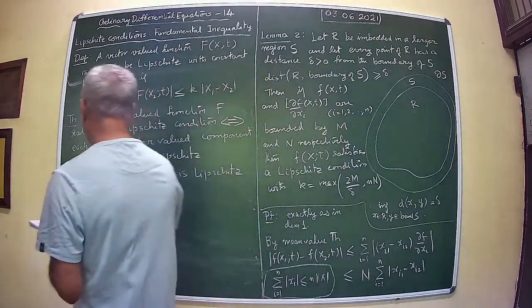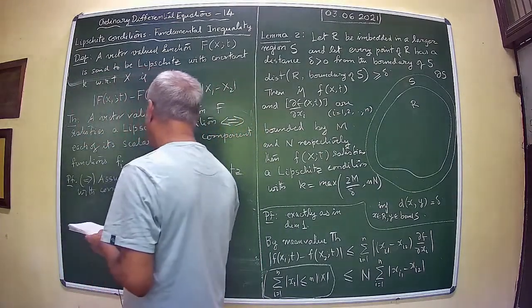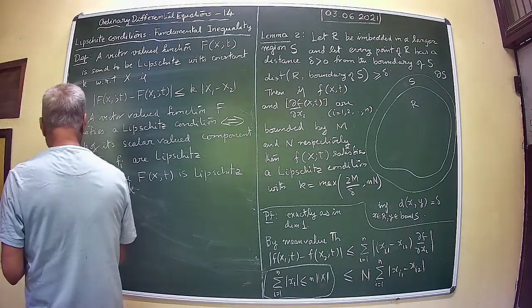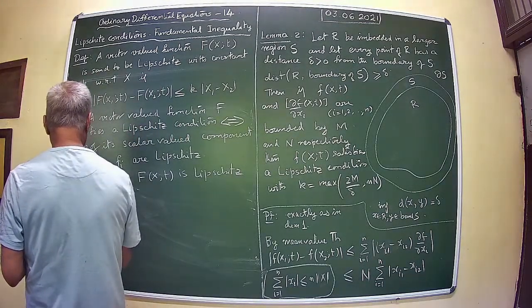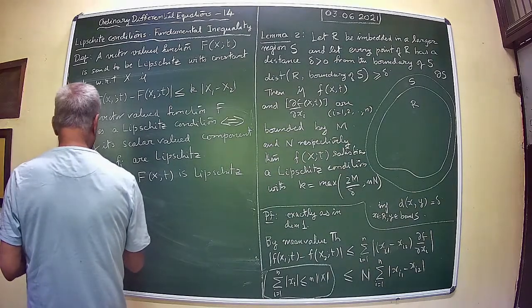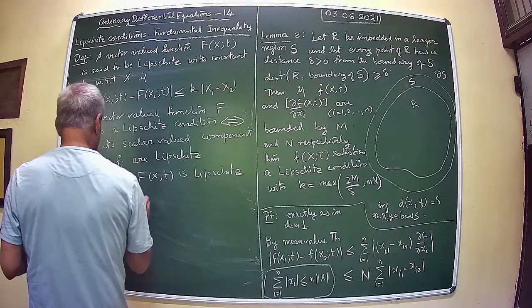Now what we want to say is that every component is Lipschitz. So we'll estimate Fi of x1(t) minus Fi of x2(t).